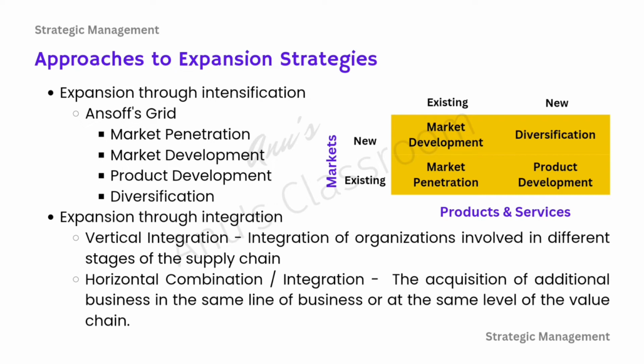Or like Tang and glucose. You remember Rasna with glucose? Remember? So that is a horizontal integration. Vertical integration is integrating with organizations involved in different stages. For that, let's think about what is a good example. You can think of people starting franchises, right?